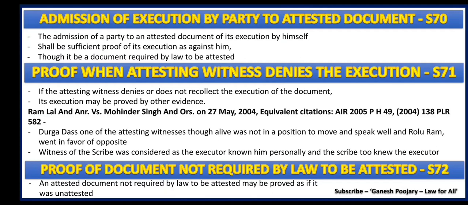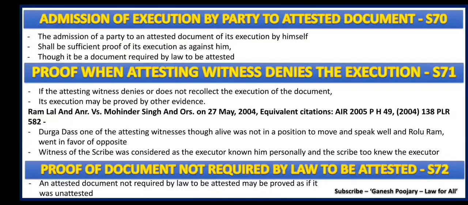However, if as per law there is a necessity of attesting, that can be taken care of, but the statement given by Mr. X against himself saying that yes, I have executed this document, is sufficient as far as section 70 is concerned.